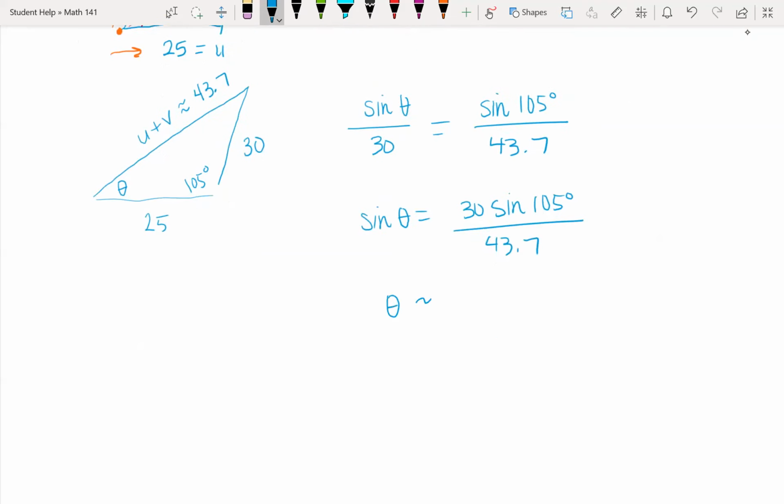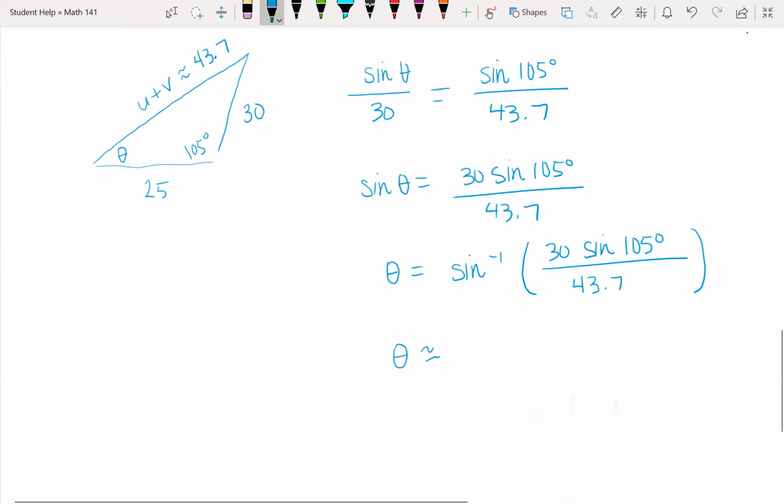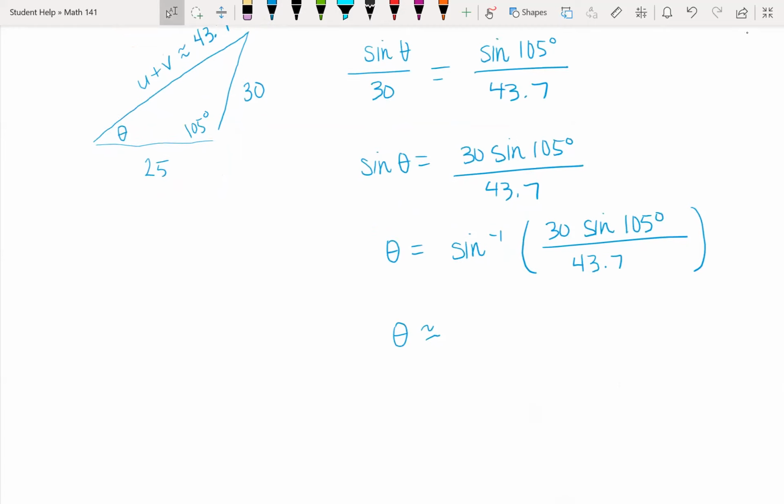Theta is sine inverse, right, of this whole quantity. And I plug that into the calculator, and we get that theta is approximately 42 degrees.